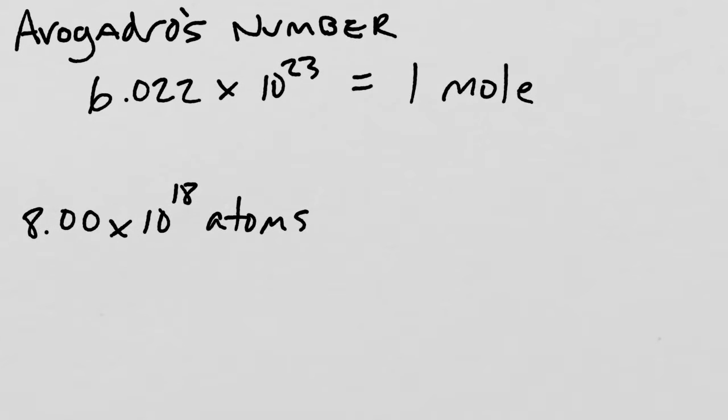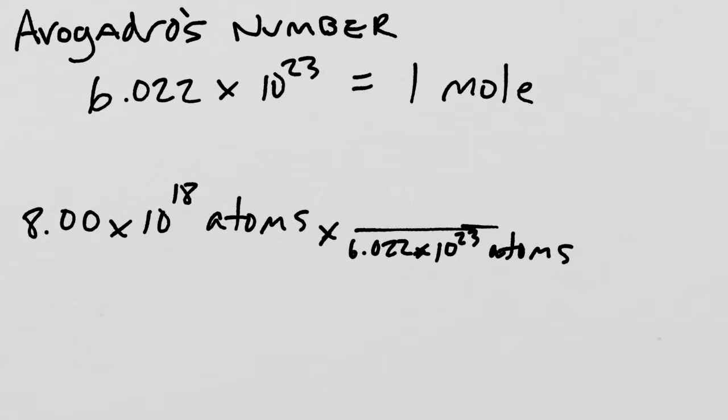Well, we'll simply use our mole conversion here that says if I have 6.022 times 10 to the 23 atoms, that's 1 mole.